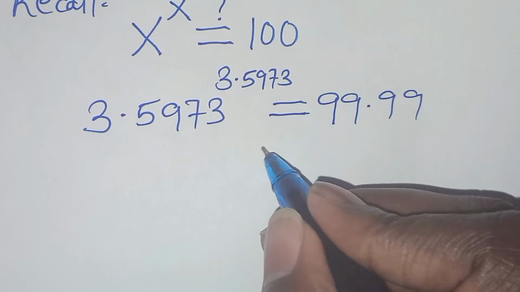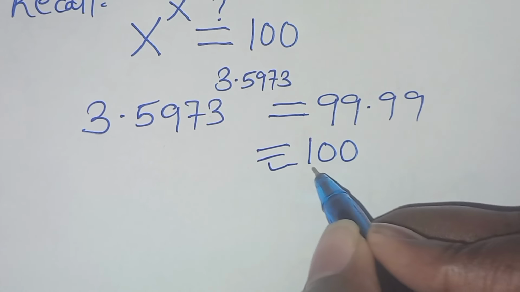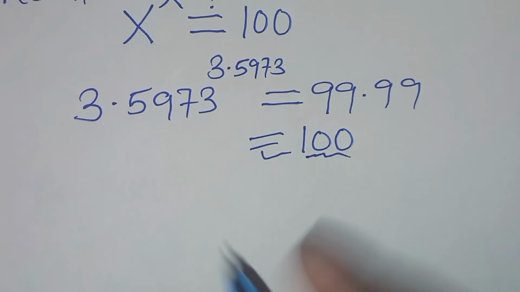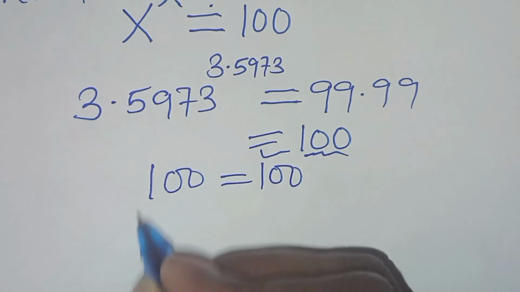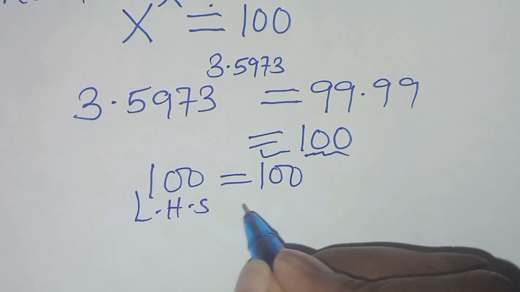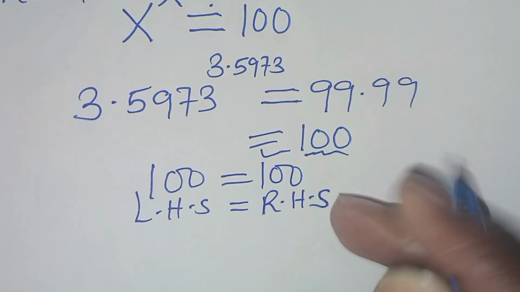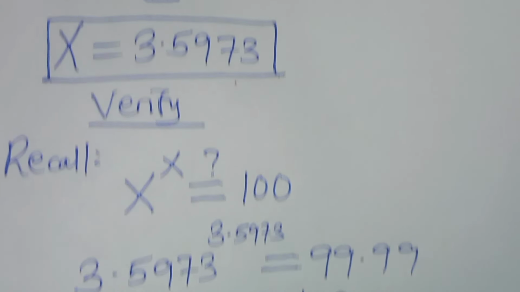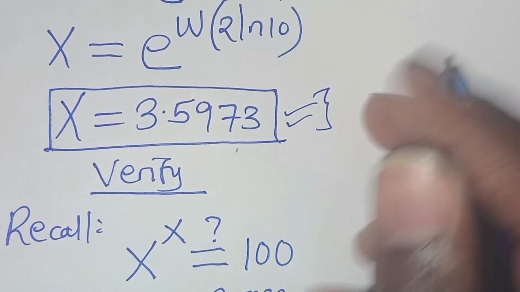So this is approximately equal to 100. If you round off here, this is 100. So this implies that the left hand side is equal to the right hand side, and this implies that the value of x here satisfies the equation.